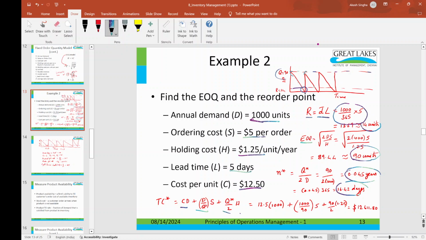If I remember correctly, the total cost is the cost of the order: 1000 units are needed, so you have to order those, right? 12.5 is the per-unit cost, times 1000. This is the total cost of the product. Now 1000 by 90 into 5. 1000 by 90 is the number of orders.